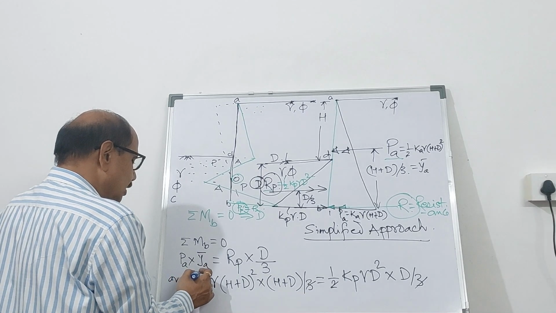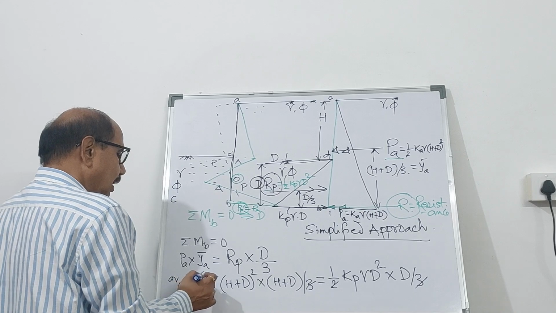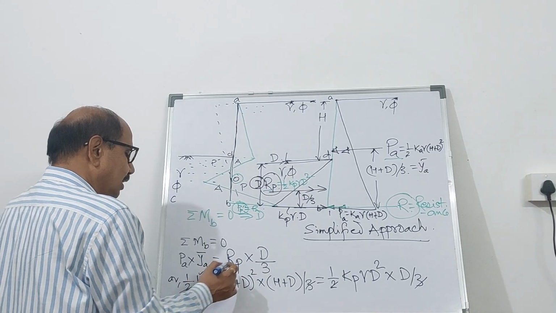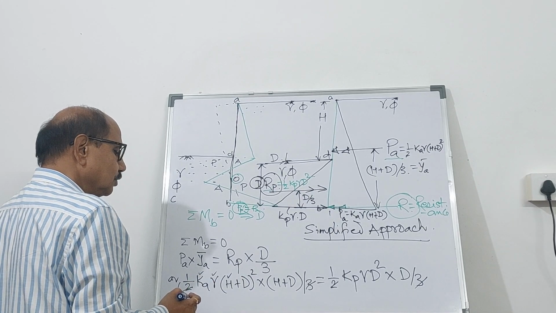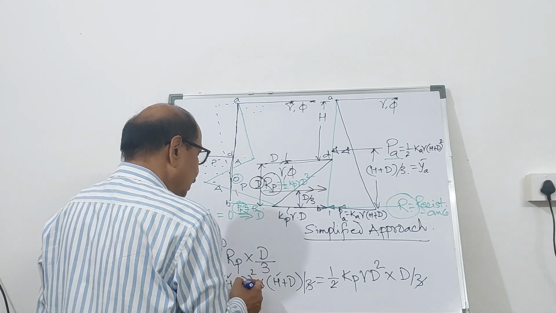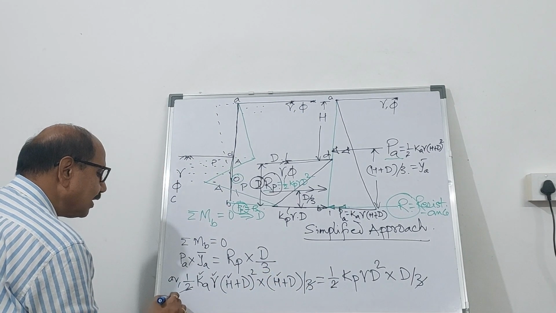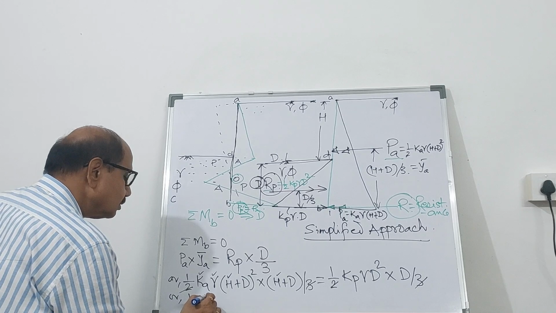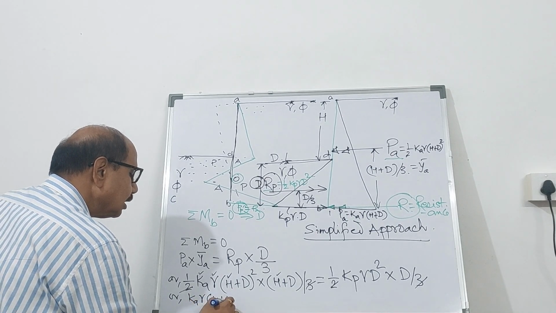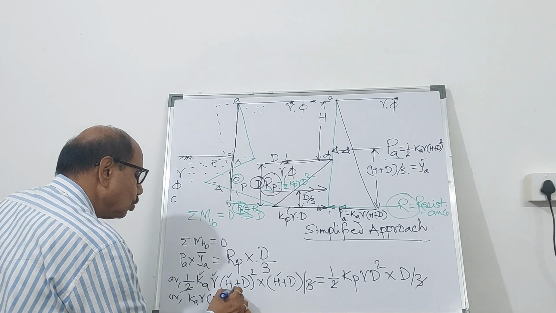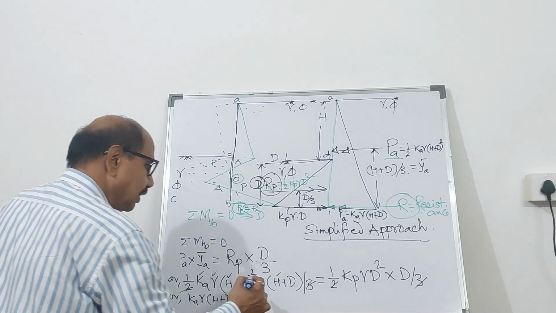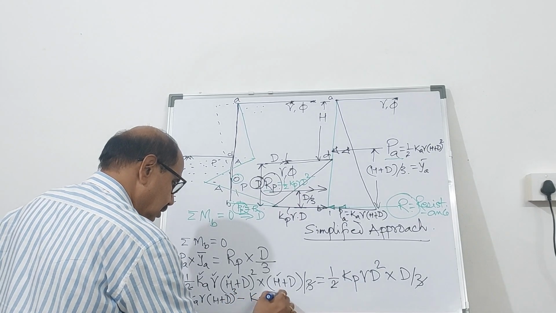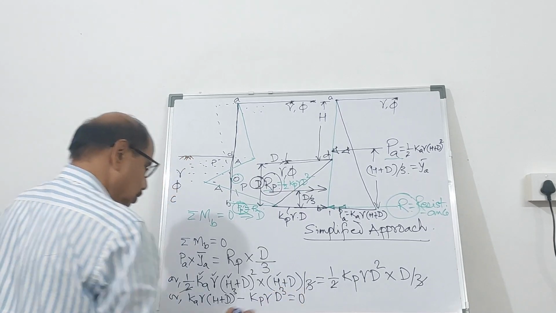Here k is known to us because phi we know, and gamma is already known to us. Height of the sheet pile is known to us. Only unknown is d. So we can write that k gamma (h plus d) whole cube minus, we can bring it to this side, kp gamma d cube equal to 0.